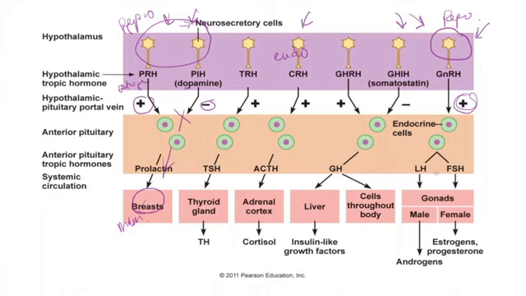So then you can see here that LH and FSH work on both gonads, which we just talked about, and then we have these hormones that come out of our gonads: estrogen and progesterone, as well as androgens, which is basically testosterone. All right. So just be aware of that. And prolactin is kind of an individual one here. But as you can see here with growth hormone releasing and growth hormone inhibiting, that's the same kind of scenario, and that's more on the endocrine side.